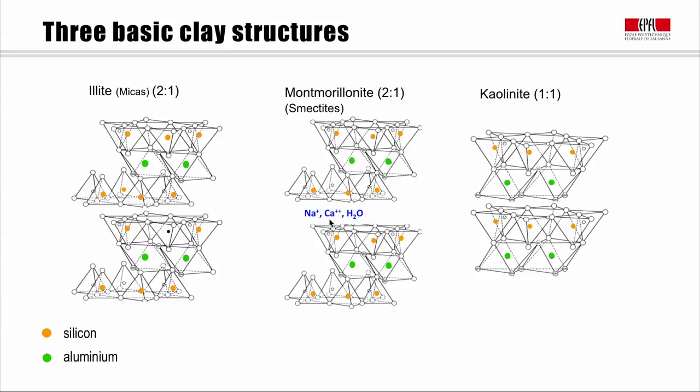Montmorillonite usually has alkali ions and more water between the layers. And finally, on the right here, we have the kaolinite structure, and the kaolinitic clays are what's called 1-to-1 clays, and this means in the layers we have 1 layer of silicate and 1 layer of aluminate.